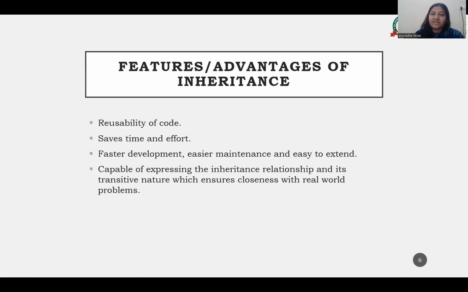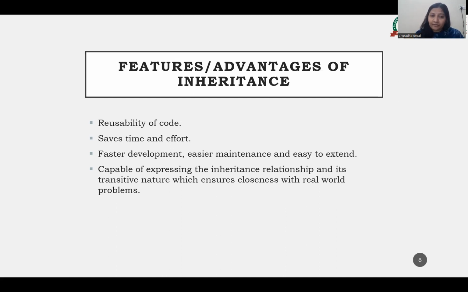Now we will see the features and advantages of inheritance. The first is reusability of code. As we have discussed, we have to define the function only in the base class, and then we can use it in our child classes.